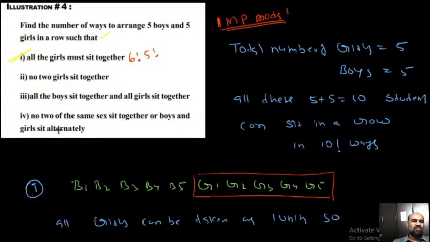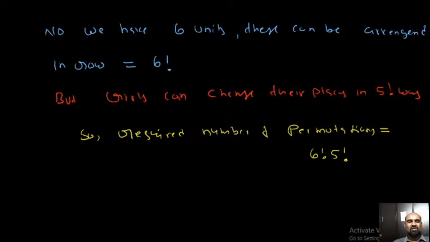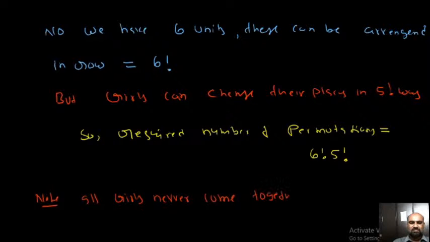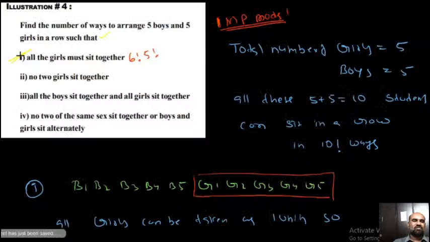Let me note it: all girls never come together equals 10 factorial minus 6 factorial into 5 factorial.